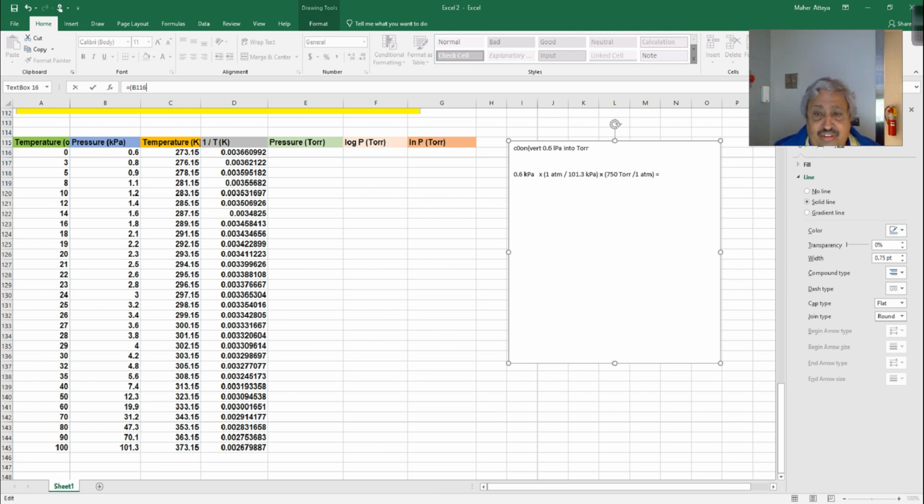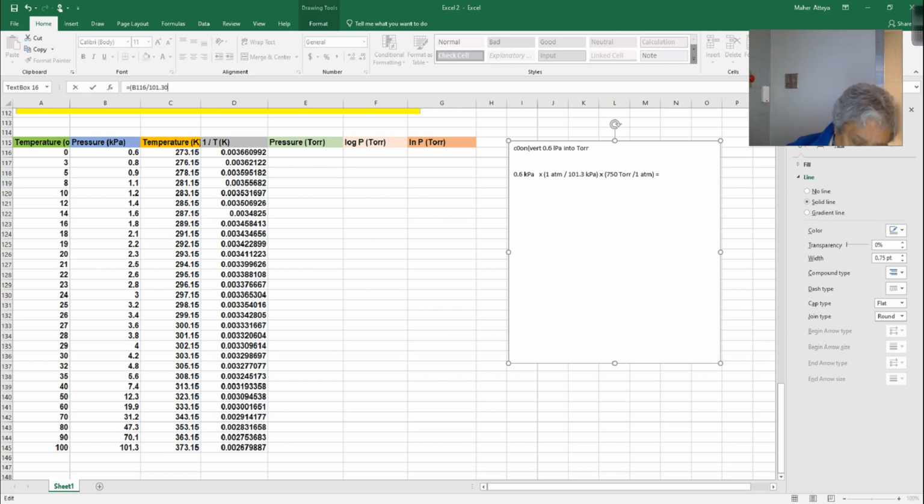Then I have to divide this one by 101.3. So I divide this one here by 101.3.